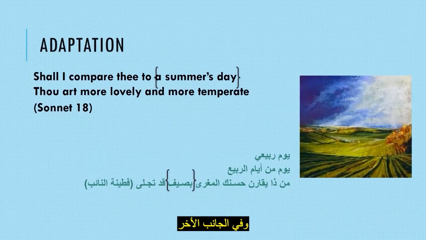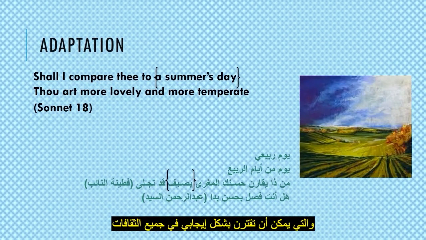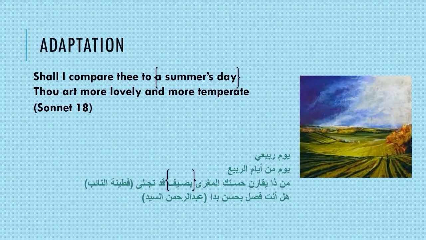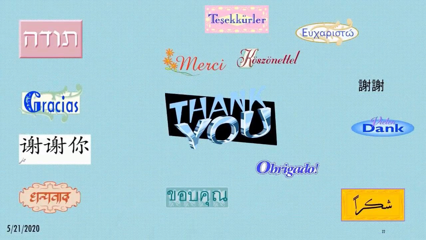On the other hand, Abdurrahman al-Sayyid was aware of these cultural differences and produced a unicultural translation that could be interpreted positively in all cultures. هل أنت فصل بحسن بدا بل أنت حسن له أجهدا. Any culture can simply refer to any season they like while reading this sonnet or any similar example.